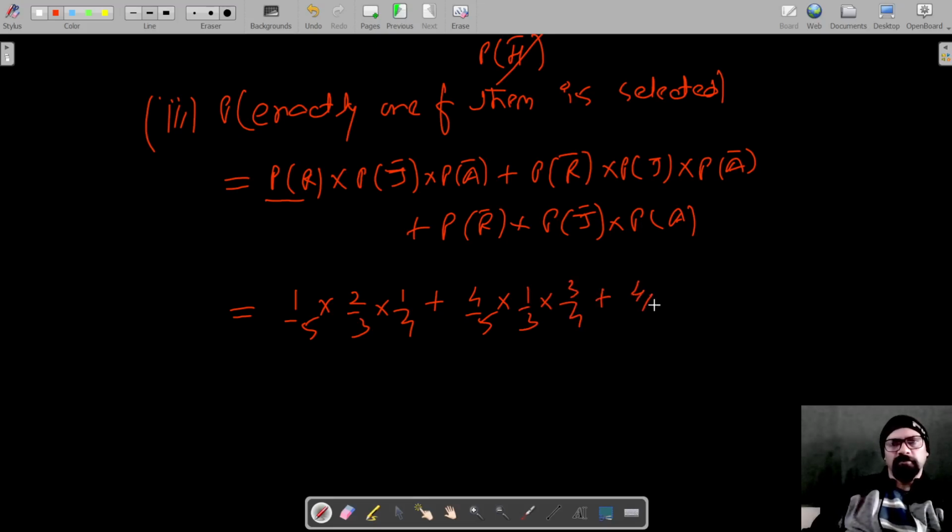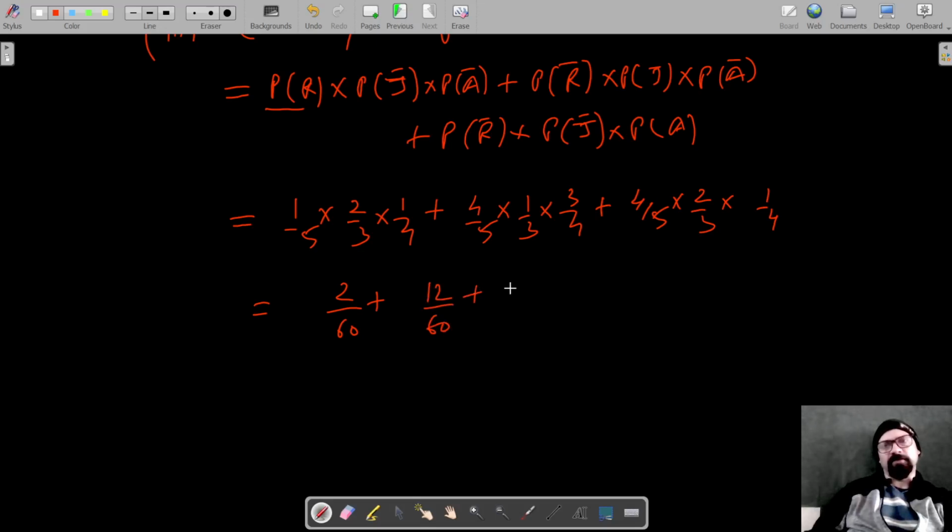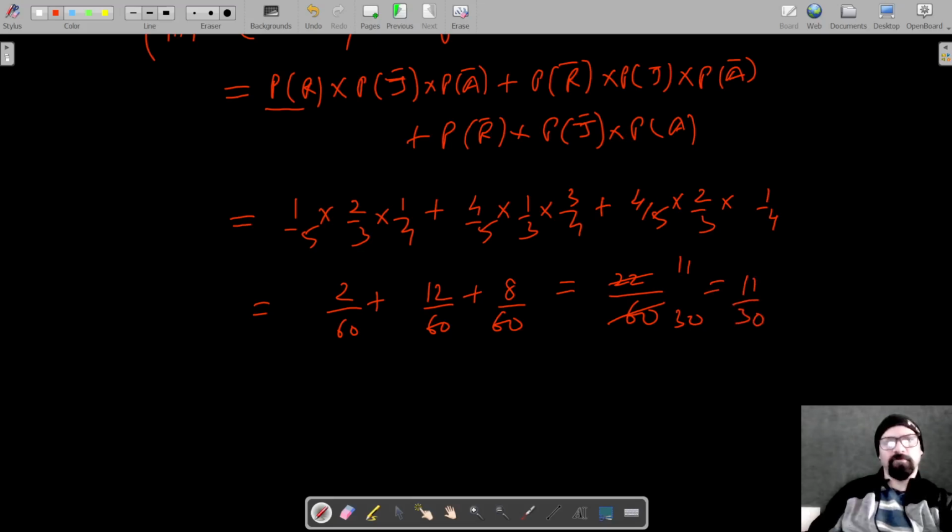Rohit not selected is 4 by 5, Jaspreet not selected is 2 by 3, and Alia selected is 1 by 4. This gives 6 by 60 plus 12 by 60 plus 8 by 60.